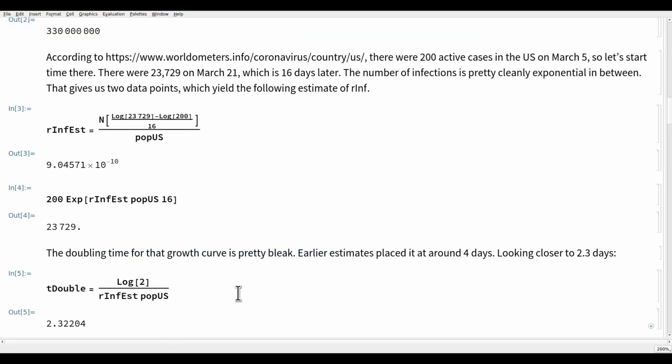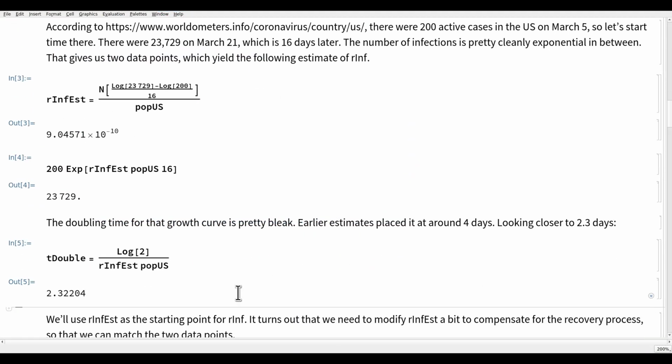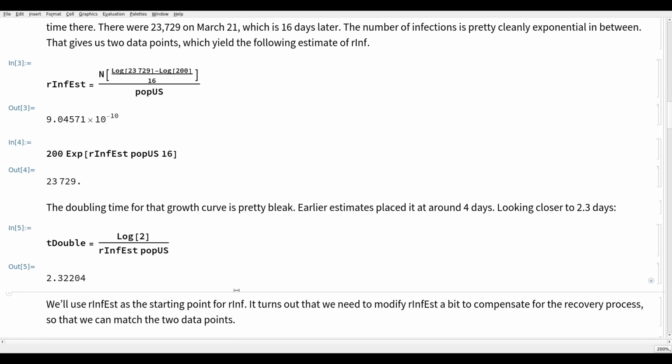The reason I say that's bleak is that if it doubles every 2.3 days, then after 10 doubling periods, the number of cases will be multiplied by 1,024, which means that if we've got, say, tens of thousands of cases now, in 23 days, we'll have tens of millions.